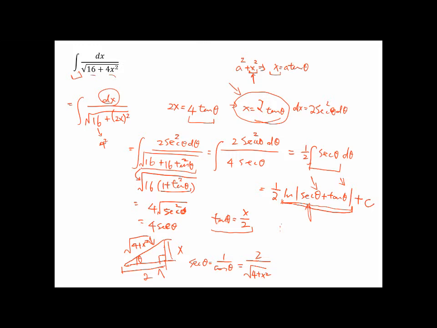That is cosine theta, and the whole thing divided into 1, which is flipping it over, square root of 4 plus x squared over 2. Okay, and then I plug in. Here, 1/2 natural log absolute value of secant theta, square root of 4 plus x squared over 2, plus tangent theta, x over 2, absolute value, plus c. So this is my final answer here.